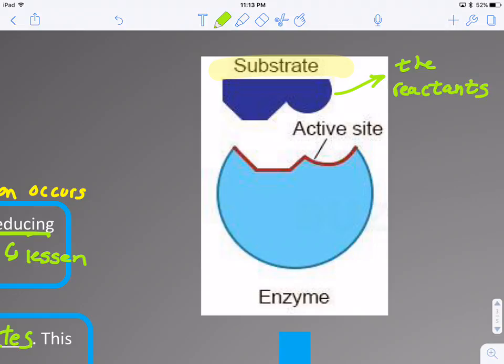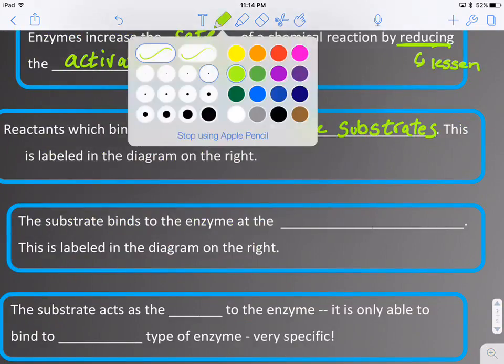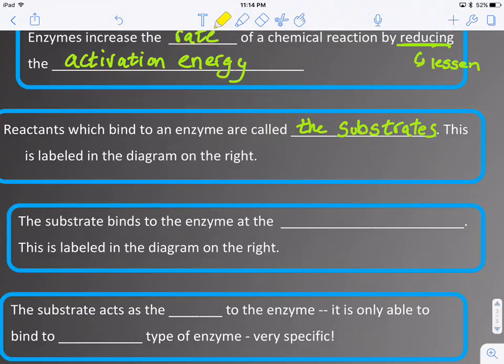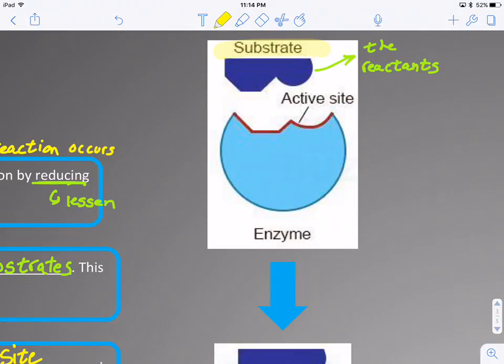And you guys should remember from last lecture that the reactants are what are going into a chemical reaction, and they're what reacts, right? Very, very straightforward. Okay. The substrate, these reactants, they bind to the enzyme at what's known as the active site. Okay, so we have right here, I'll outline it. Okay, this is what's known as the active site.